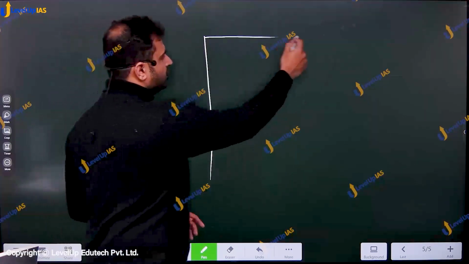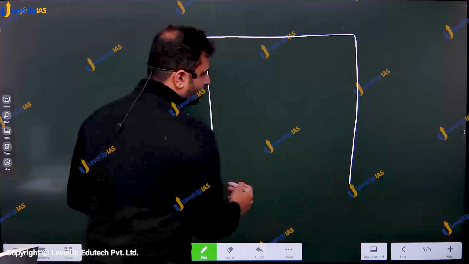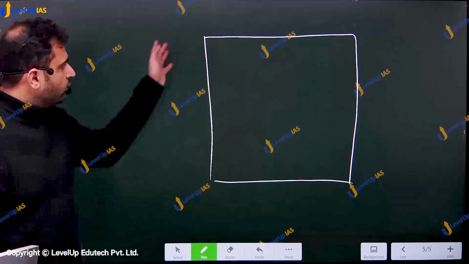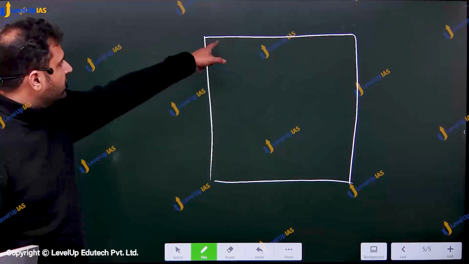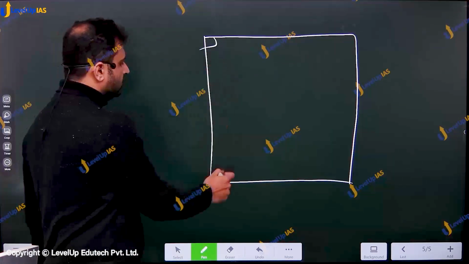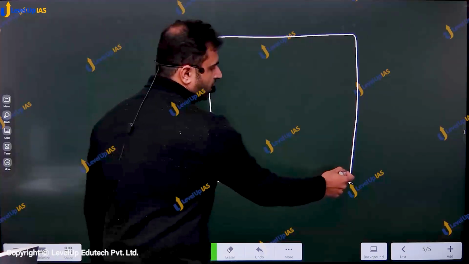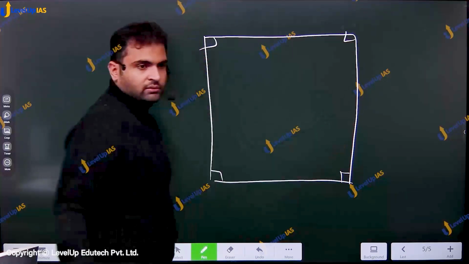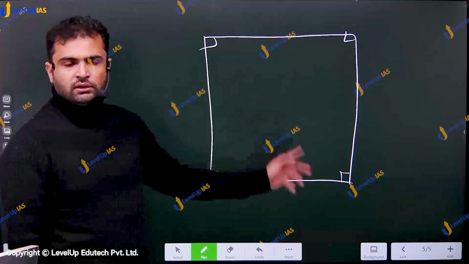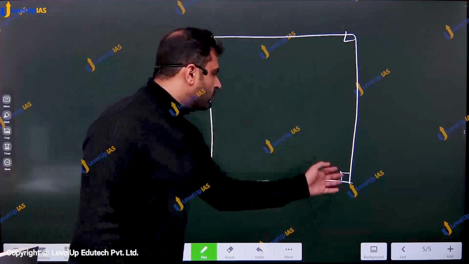What we do is I draw a square. Square meaning all the 4 sides are equal and all these angles are 90 degrees. You would know this, but that is what a square is.